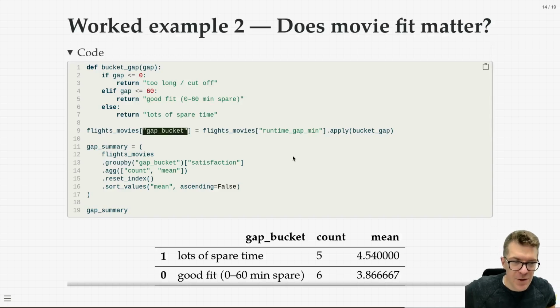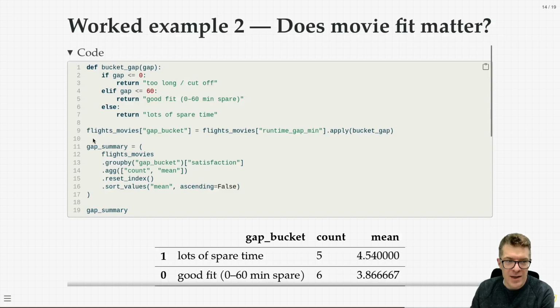I truly advise you, if you want, to go between lines 9 and 10 and print out flights underscore movies, square brackets, string gap bucket, close string, close brackets, and satisfy yourself that each of the elements of this new list of strings is associated correctly with the number we get from flights movies runtime gap minutes.